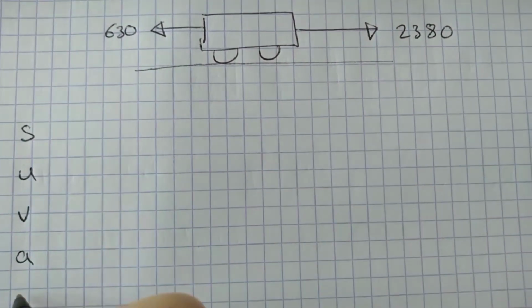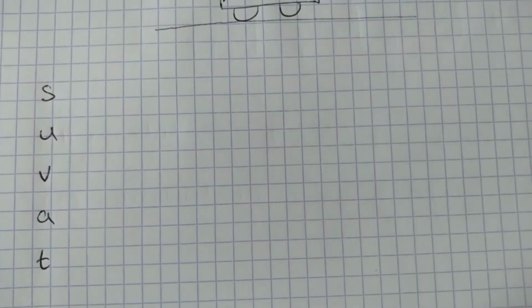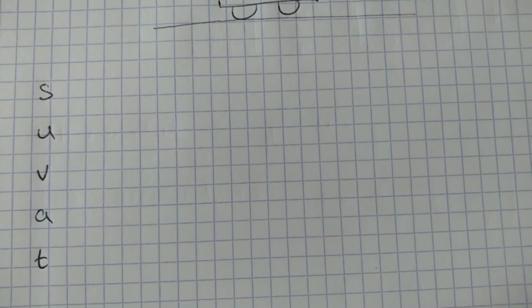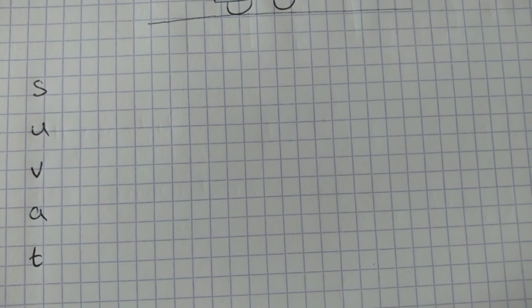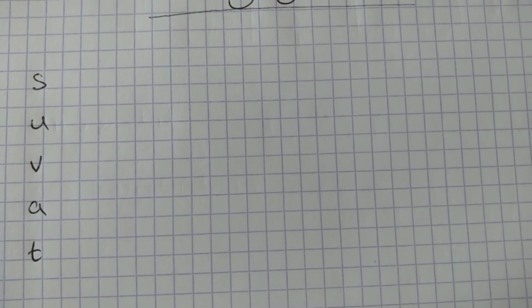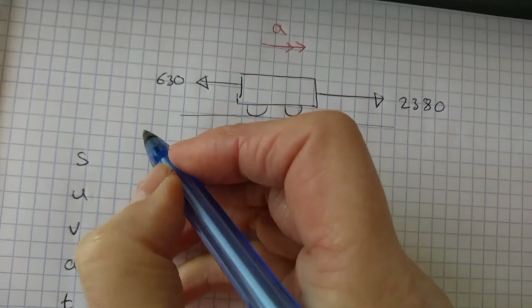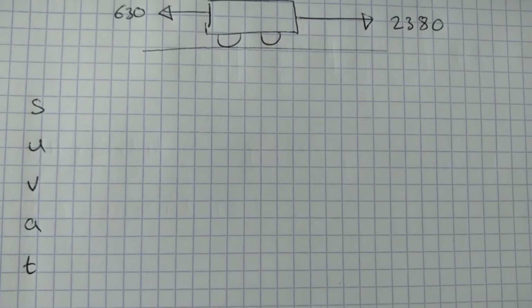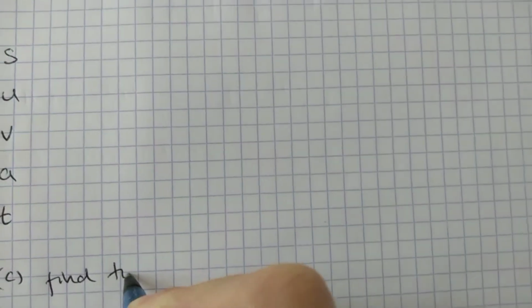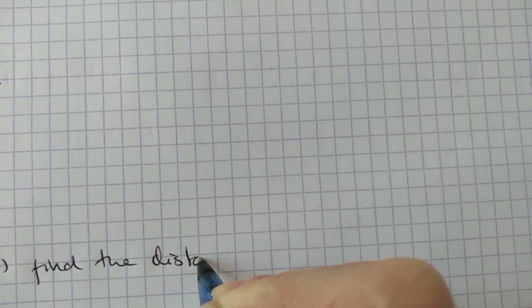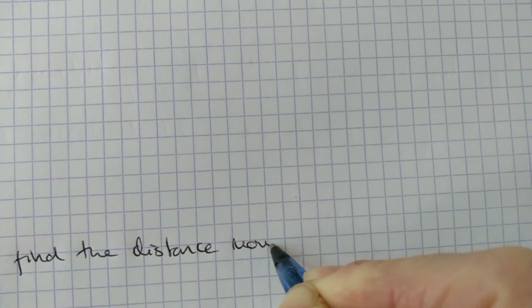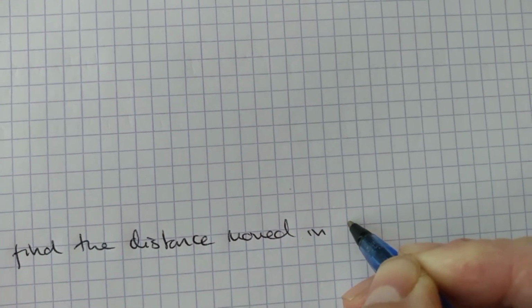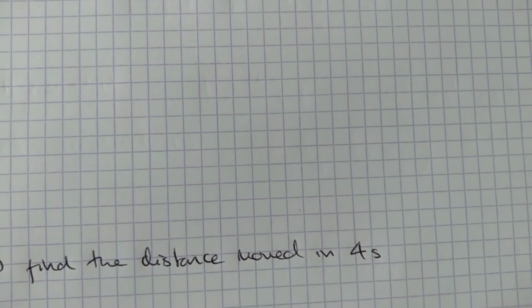Now in the question, do we know the distance moved? Well, actually C is find the distance: distance moved in 4 seconds. Okay, so no, we don't know the distance, but we do want to find it, so I'm going to leave that in.